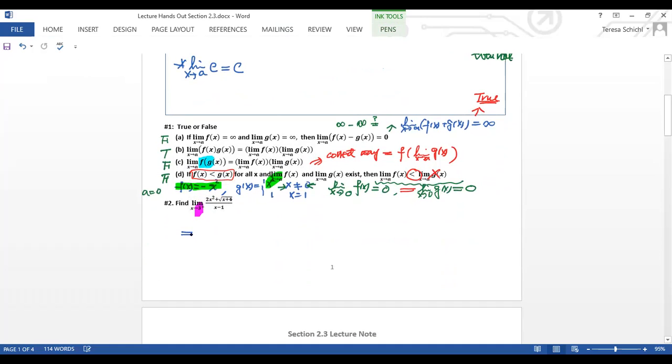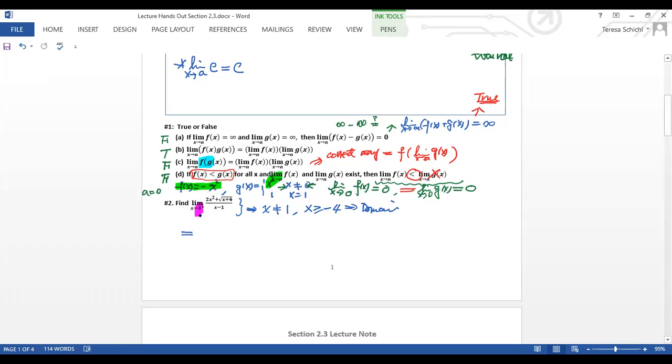Well, I know these functions have domains: x cannot equal 1, and x has to be greater than or equal to negative 4, correct? So that's the domain for this function.